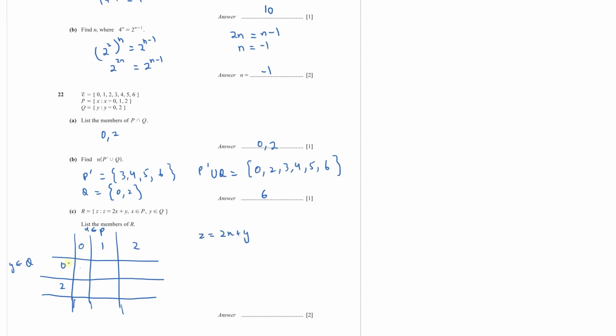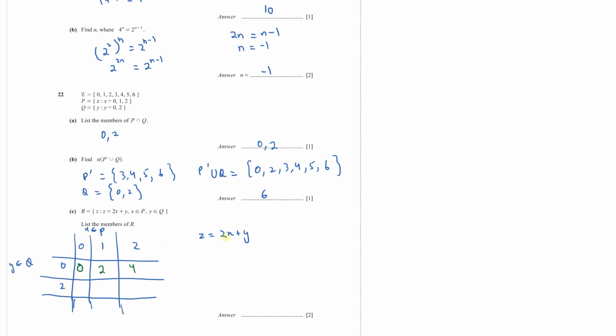If both x and y are 0, then 0 plus 0 is 0. Let me write them in green. These elements in green are part of Z. What if x is 1 and y is 0? 2 times 1 is 2, 2 plus 0, so this will be equal to 2. What if x is 2 and y is 0? 2 times 2 is 4, 4 plus 0, 4.